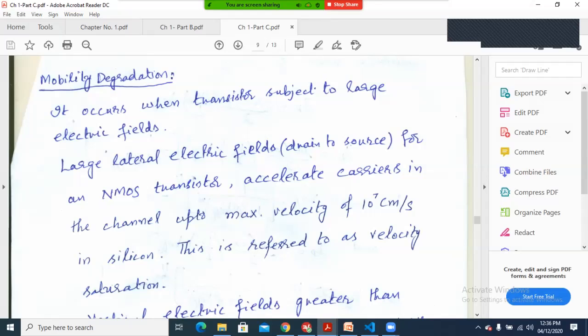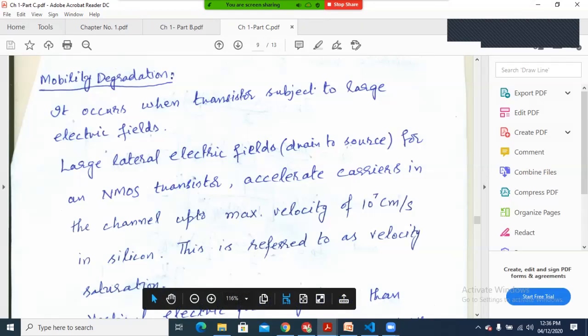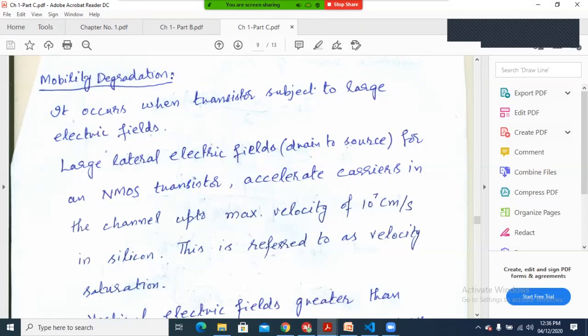So this is the velocity saturation point. Further increasing the value of the voltage will not increase the acceleration of the carriers.